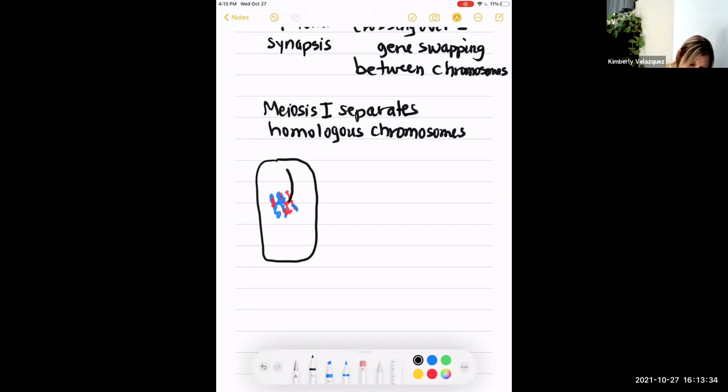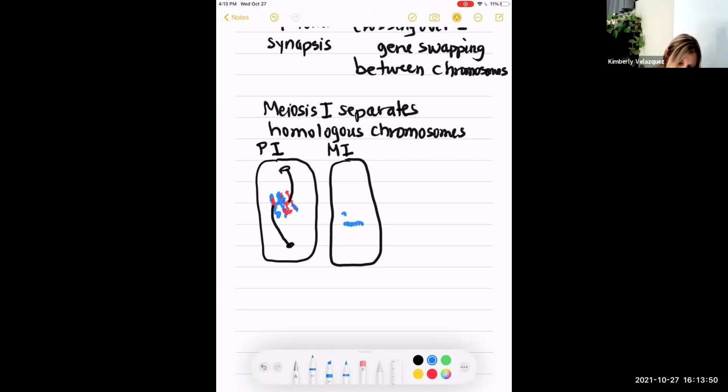Microtubules attach so that each homologous chromosome is facing the opposite pole. So now in Metaphase One, we've got this situation.